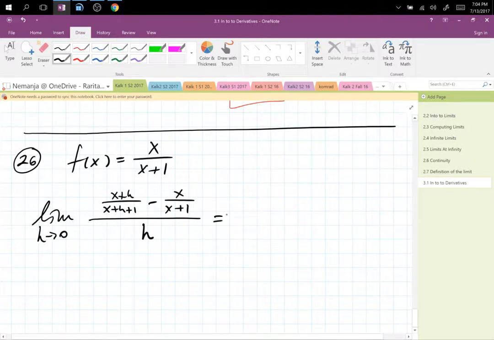The only thing we can do is work out the fractions.